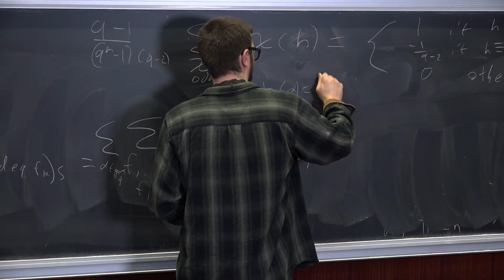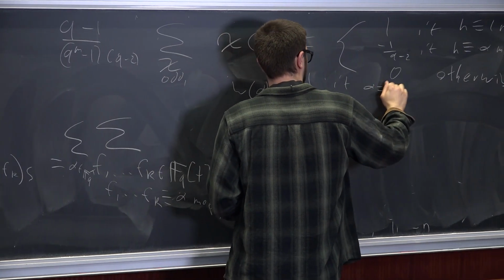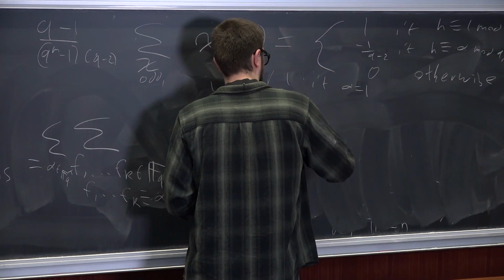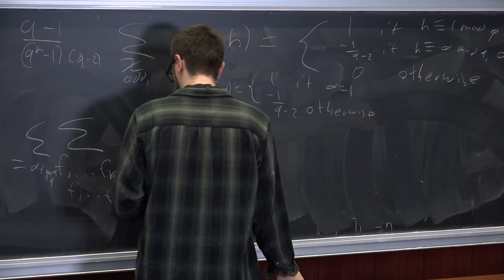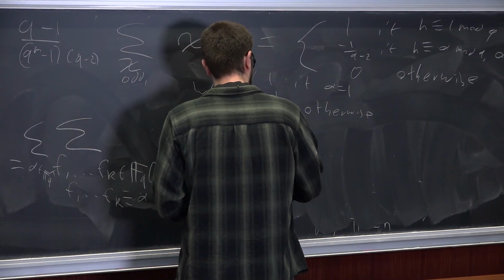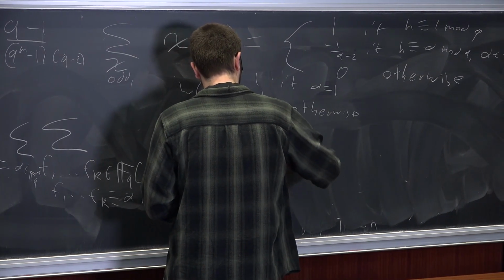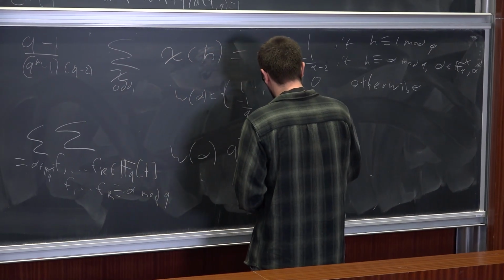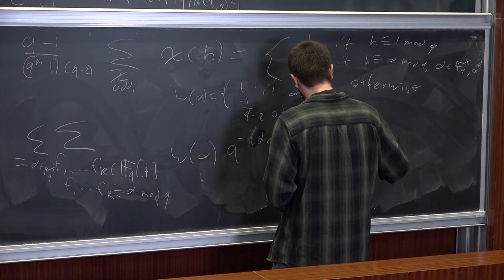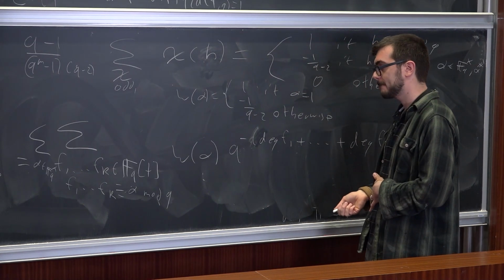W of alpha is equal to 1 if alpha is equal to 1, and minus 1 over q minus 2 otherwise. Times q to the minus degree f1 plus dot dot dot plus degree fk, whole thing times s.